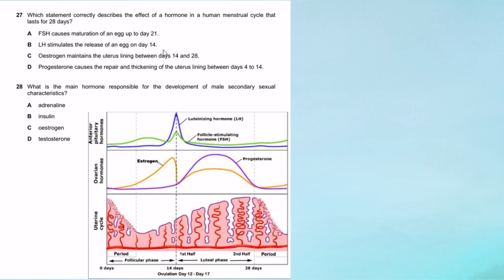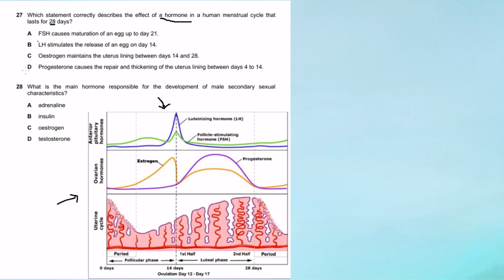This one here is one of the more complicated questions, and they ask, okay, which statement correctly describes the effect of a hormone in the human menstrual cycle that lasts for 28 days. Now, to make this, I want to say easier, but to make it possible here, I've taken the figure from the textbook. So again, the figures in the textbook are important.